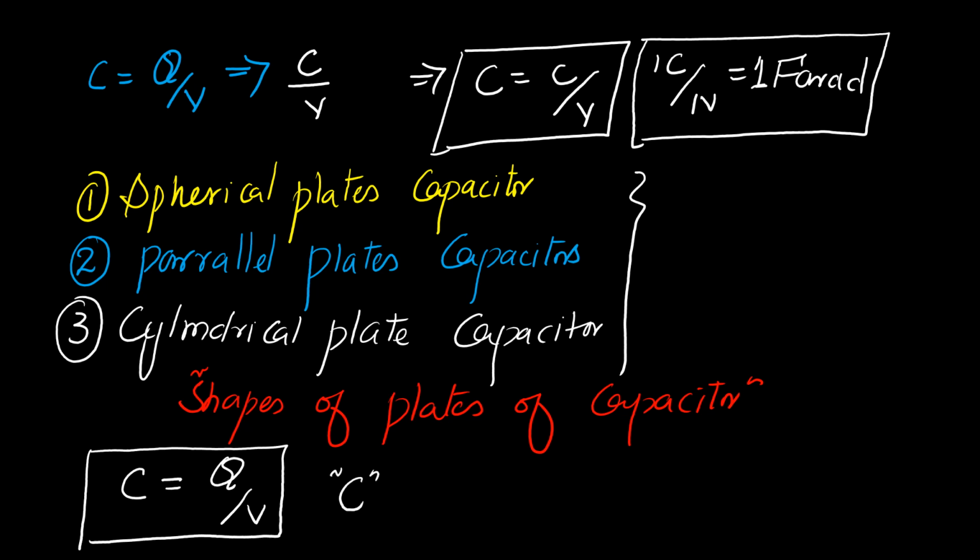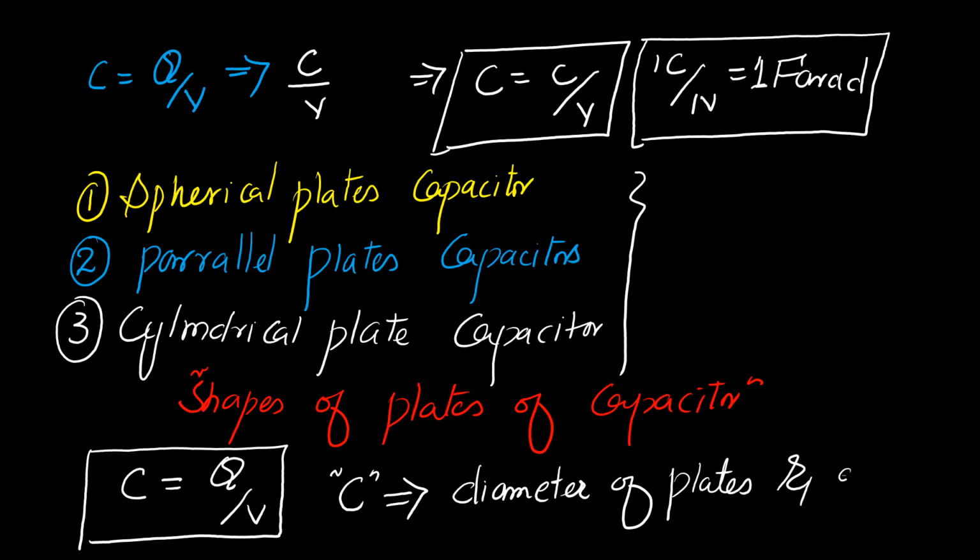Though equation is this one, capacitance of capacitor basically depends on the diameter of the plates and as well as the geometry of plates. So basically it depends on the nature of material which is used, and secondly it depends on the geometry of the material or the shape of the material used in a capacitor.